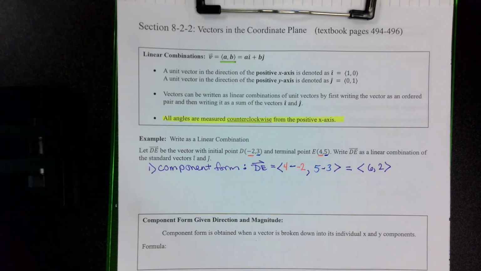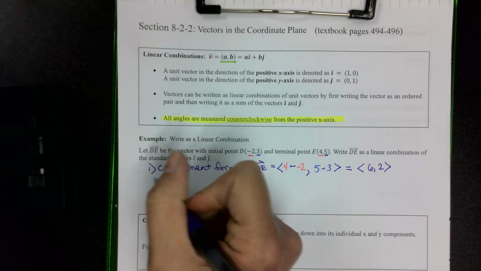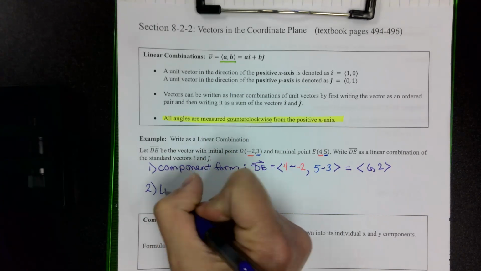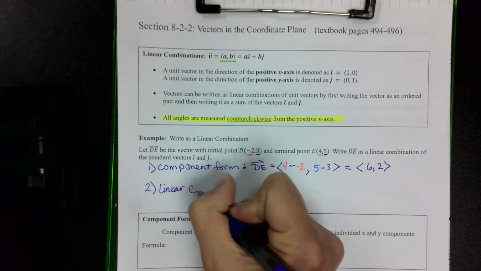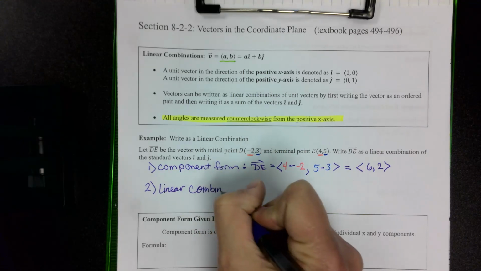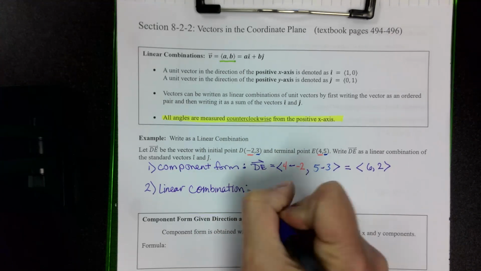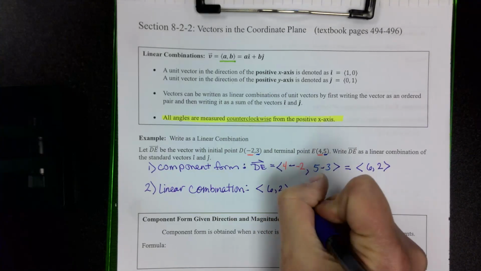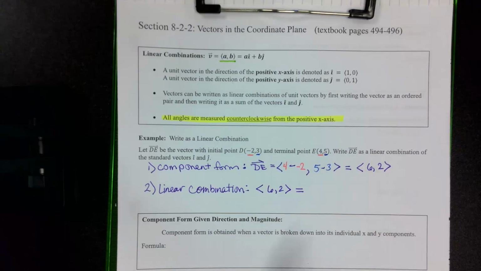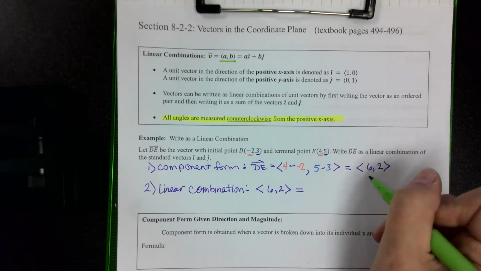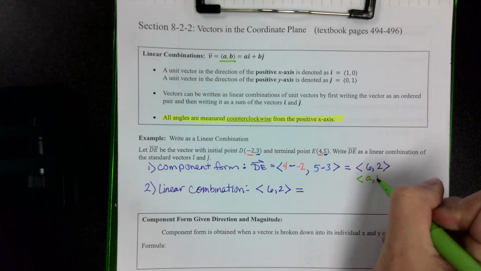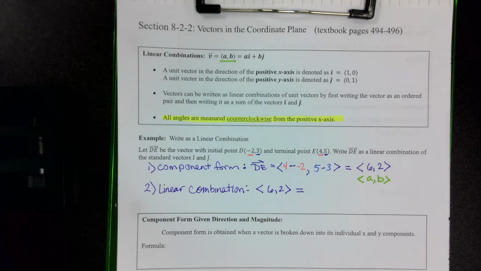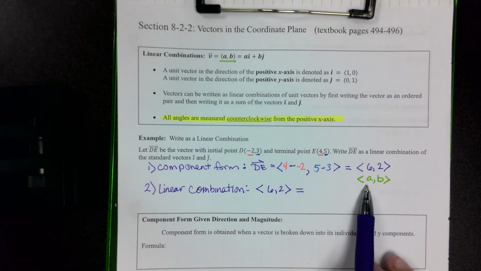Okay, so now that we have it in component form, we can write the linear combination. We're going to take component form, 6, 2, and we're going to take the a, because remember component form is a, b, and the a of component form gets the i.